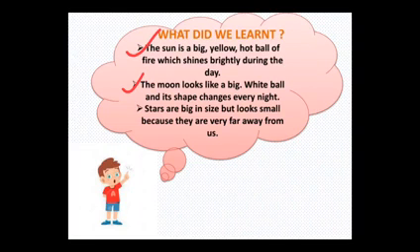We call it the phases of the moon. Next, we studied about stars. Stars are big in size, but they look small because they are very far away from us, and also they make patterns in the sky. And which pattern did we learn? We learned the pattern Great Bear.